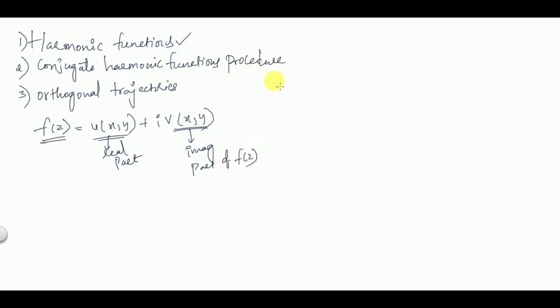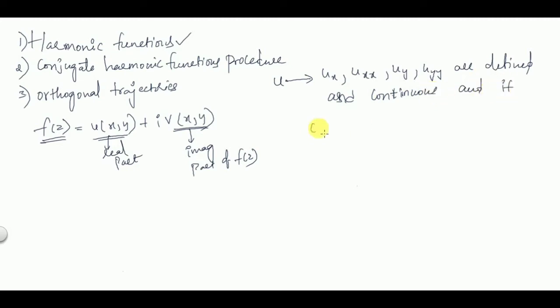If you are given any one of these, either u or v, and if ux, uxx, uy, uyy are defined and continuous, and uxx plus uyy is equal to 0, then u of x comma y is called a harmonic function.